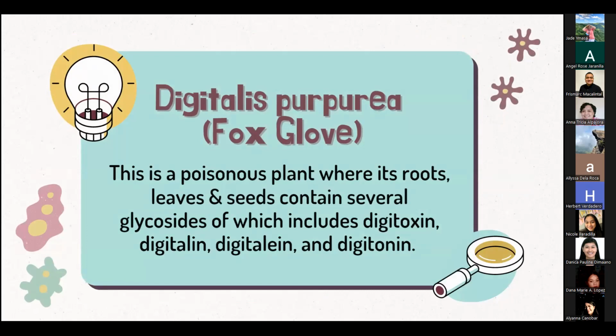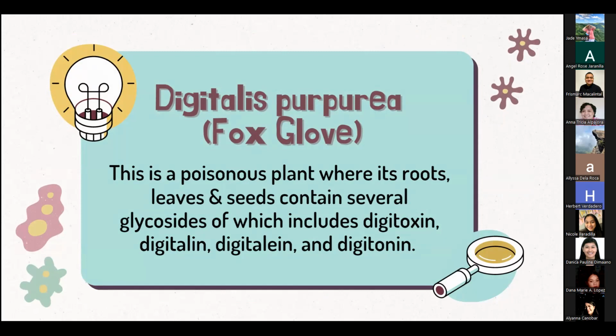So we have here digitalis purpurea, or what we call as the foxglove, which is a poisonous plant where the roots, leaves, and seeds contain several glycosides, which include digitoxin, digitalin, and digitonin.